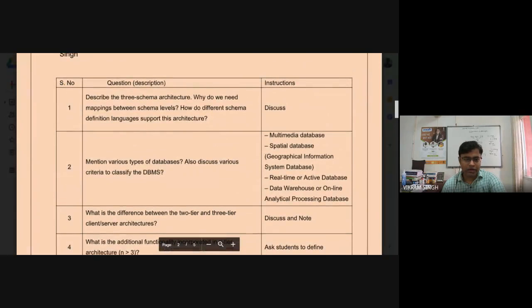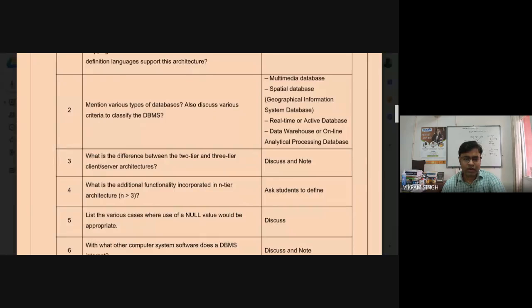Okay, so here question number 1 is discussed. I think it is discussed. Question number 2, it is okay. Now we have different types of database. I don't know if you have an idea, I think, because it's a very generic term. You hear a lot of things, centralized, distributed.